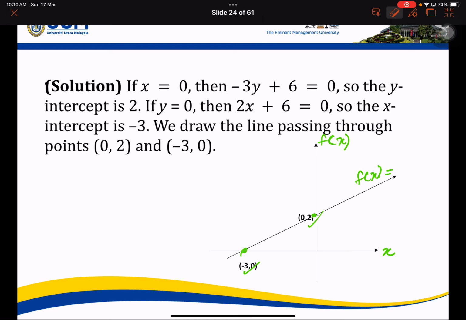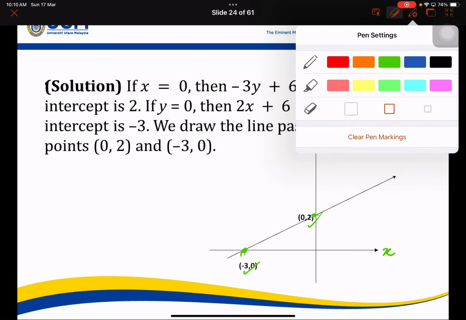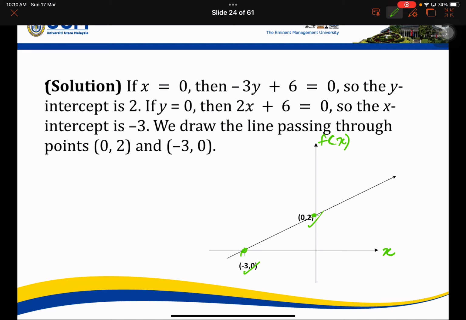This one they give you the equation: 2x minus 3y plus 6 equals 0. Label. Clear?